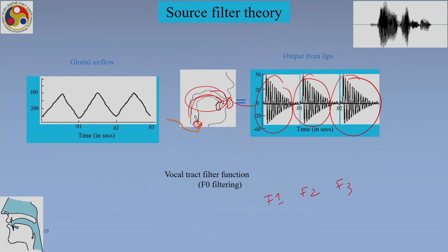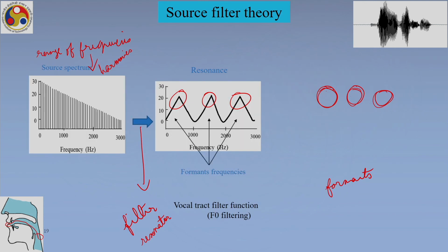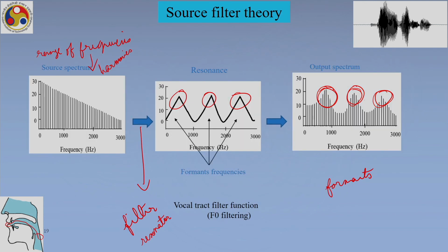So why do we get formant 1, formant 2, formant 3? Suppose these are the individual harmonics. So let us see the other diagram. Suppose these are the individual harmonics, and we have a broad range of frequencies here, and the frequency response, the peaks that we see here, this is the resonant cavity.